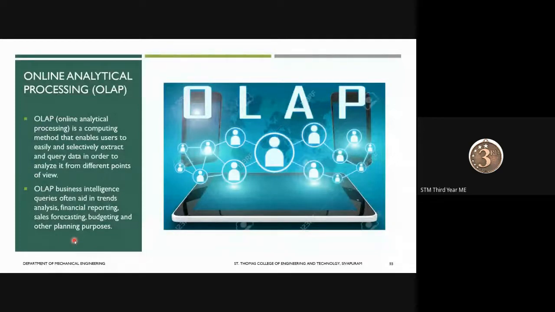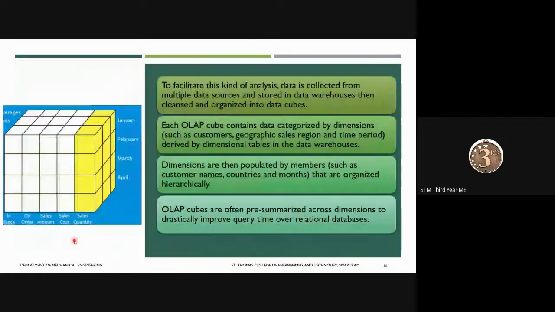We only have to type in a question, and that question can be based on the category in which the data is sorted. So data are of many types, and they are categorized under data mining, and we are recalling them through online analytical processing.